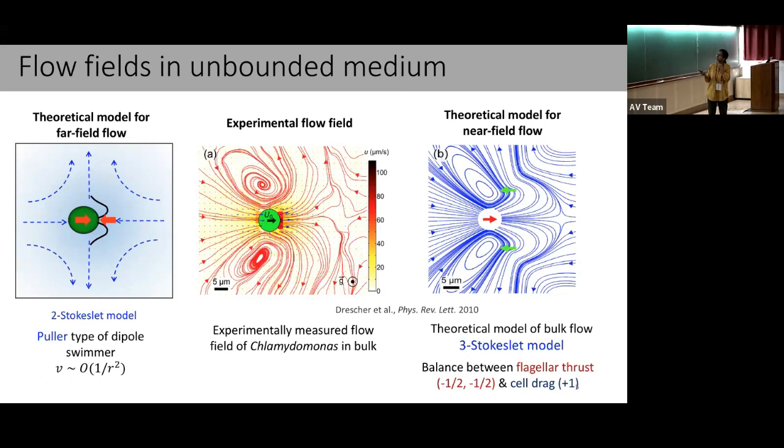And there is a red Stokeslet which indicates the hydrodynamic drag force that the cell experiences. By having these 3 Stokeslets, you can nearly capture all the signatures present in the flow field. So that's the story in unconfined fluids.